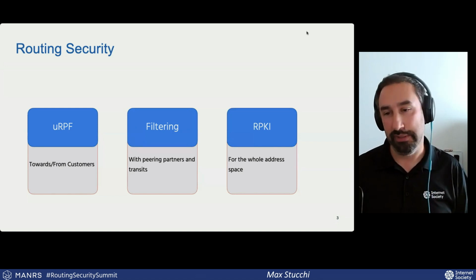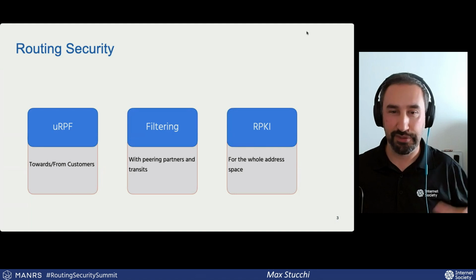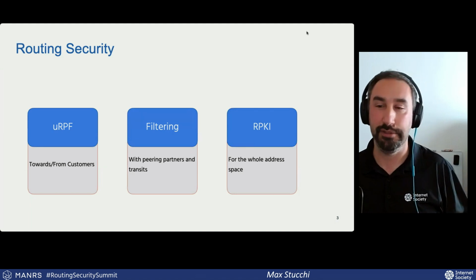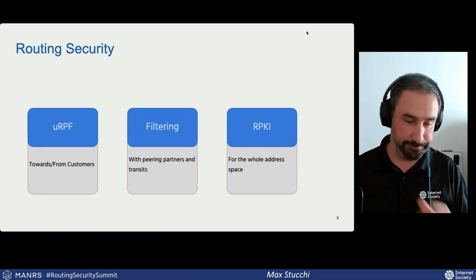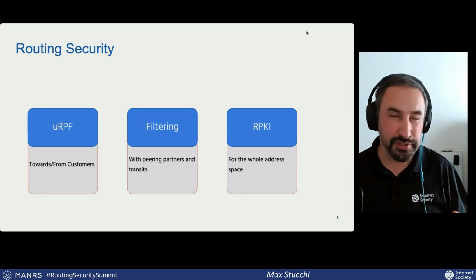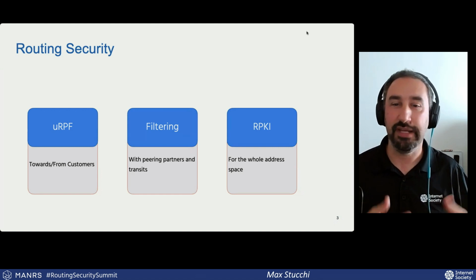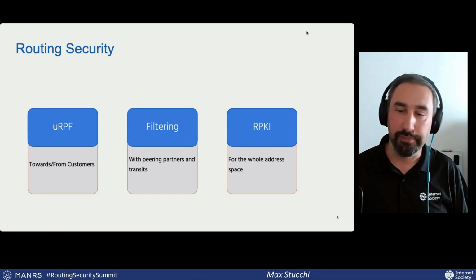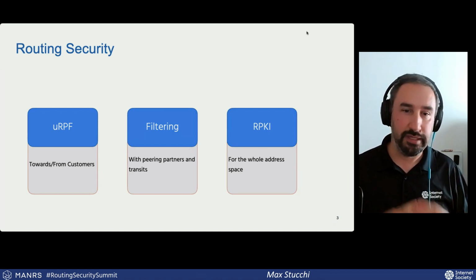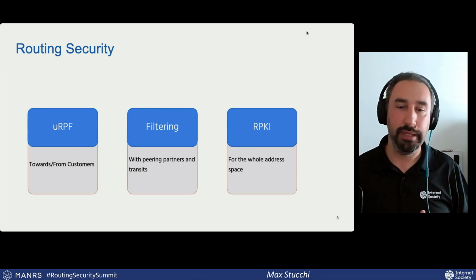RPKI is the most complex of these because, of course, it's global. It introduces, let me say, crypto, but it's just a verifiability of the data. There's nothing that's really encrypted. Everything is public, but you can verify the data you find. So it adds layers of complexity.